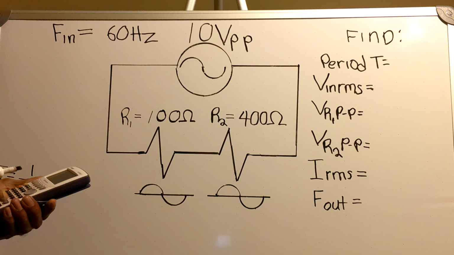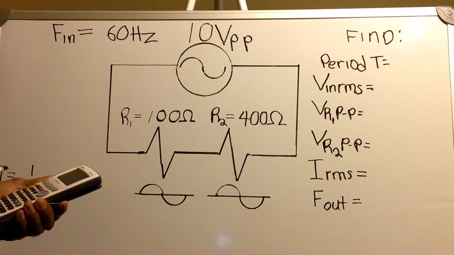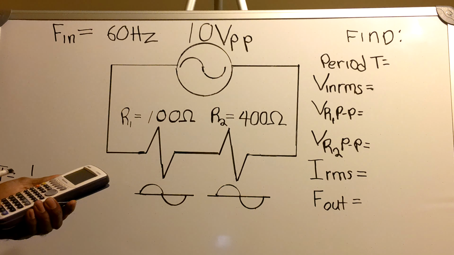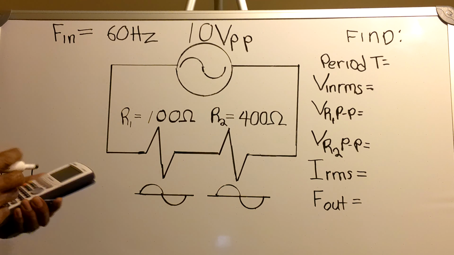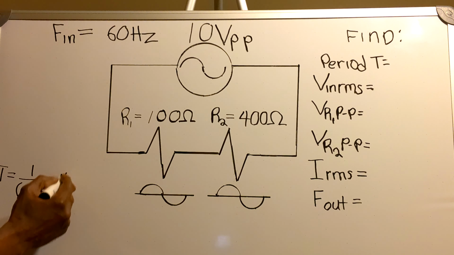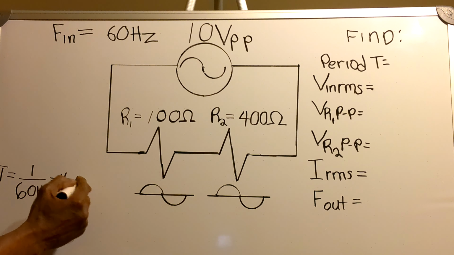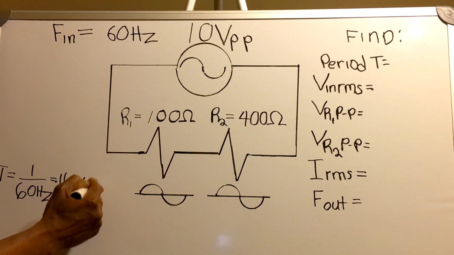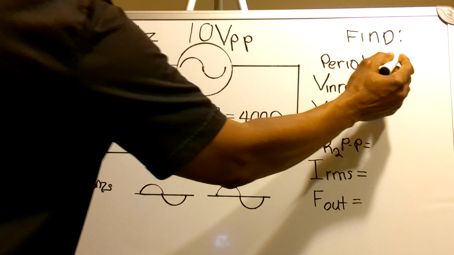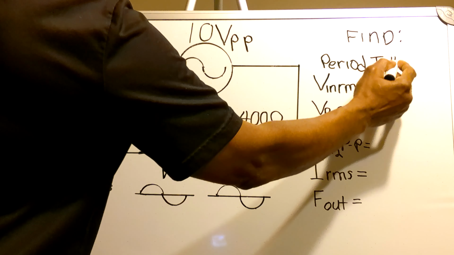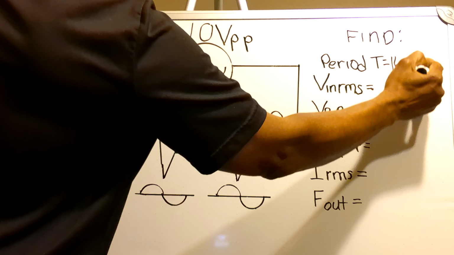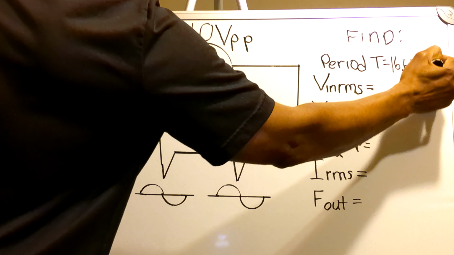So I get my calculator out and I go 1 divided by 60 hertz equals 16.666 milliseconds. So the period is 16.666 milliseconds.